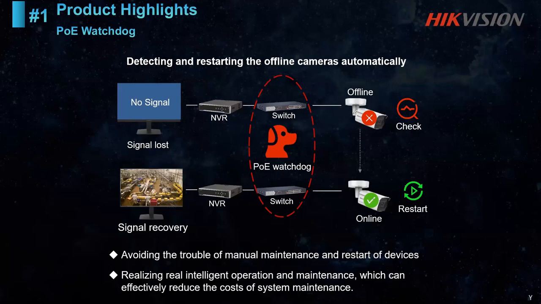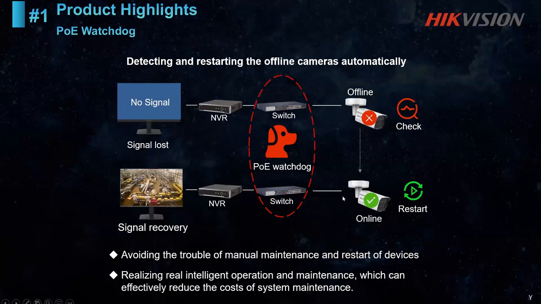So immediately what all the IT guys will say: try a restart, right? So the PoE watchdog can do it automatically for you. Which is very easy for troubleshooting and maintenance, because the restart is taken automatically and you will not even know that it was offline because it is already taken care of by the PoE watchdog built into the product.